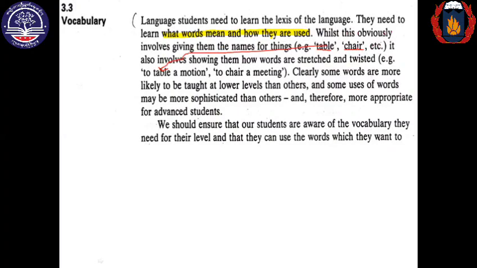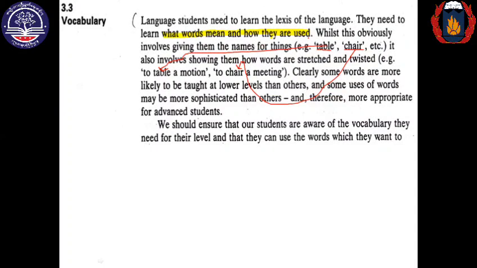In the same way, chair can be used as a verb. What language level should be taught at what student level depends on their background knowledge and their language level. We should teach what words mean and how they are used.